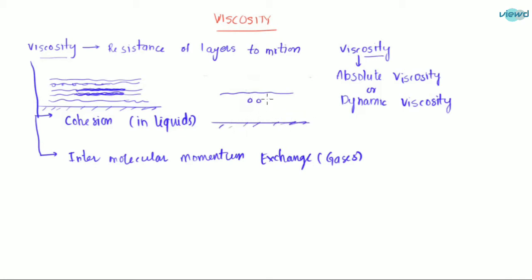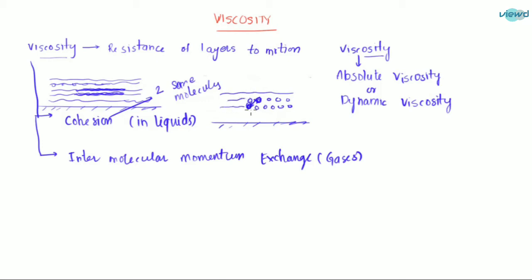Suppose these are the molecules and these are the adjacent layer molecules. What is cohesion? Cohesion is the attraction between two similar particles, two same molecules. So this molecule and this molecule have attractive forces and attract each other, so that there is a resistance to flow between these adjacent layers.